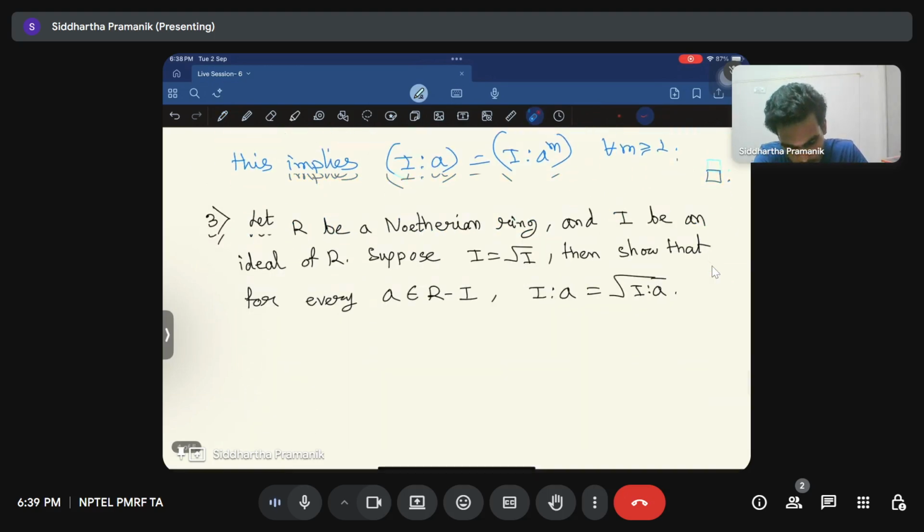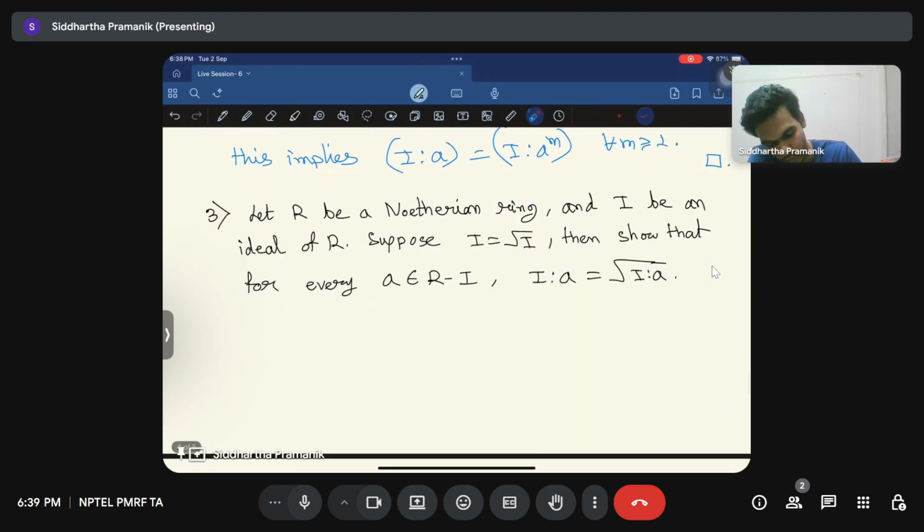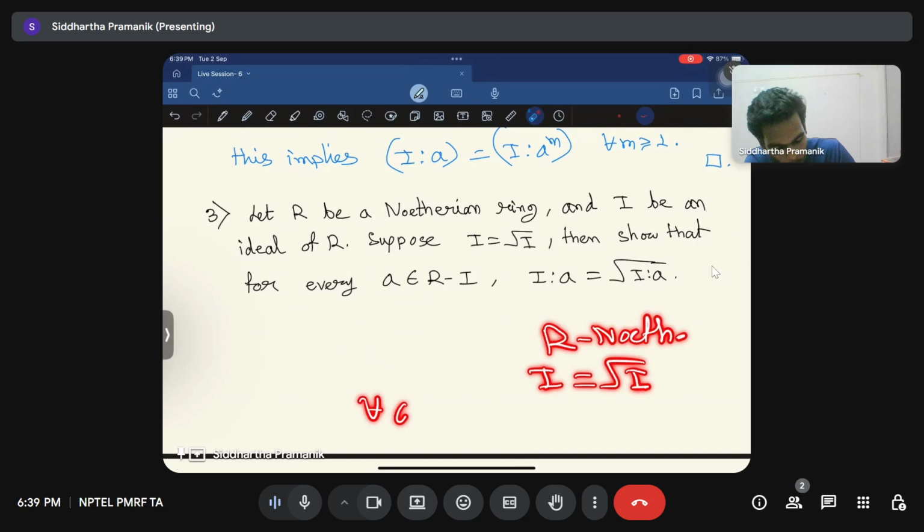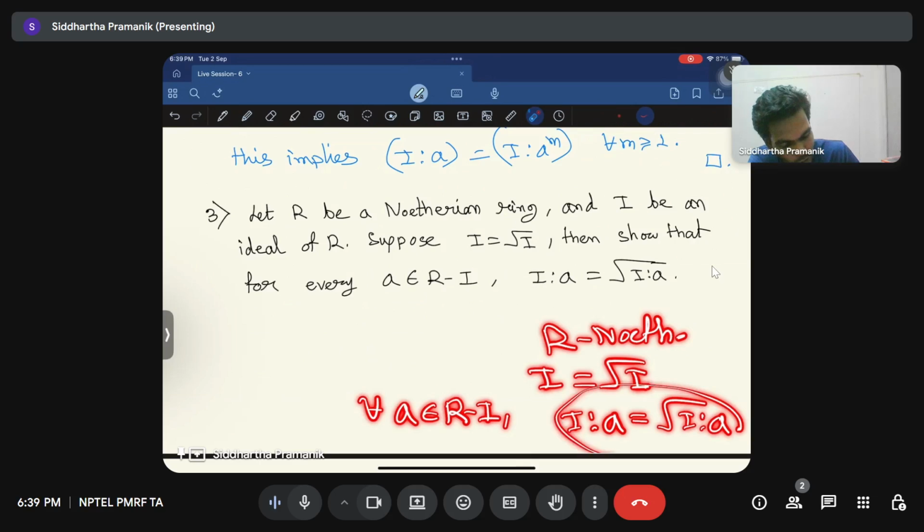Okay, so what is the question? Given R is Noetherian and we have an ideal I which is radical, then for all A belonging to R minus I, the ideal I colon A is also radical. So this is what we have to prove.